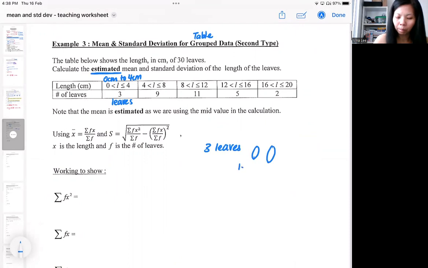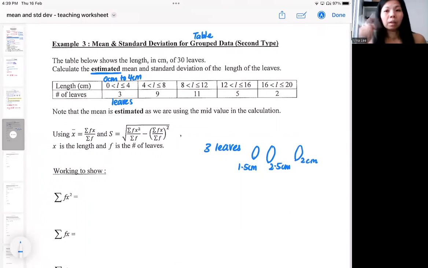Maybe this one is 1.5 centimeters, this one is 2.5 centimeters, and another one maybe 2 centimeters. This table is not accurate because I do not have the actual value of each leaf. These 3 leaves can look like this.